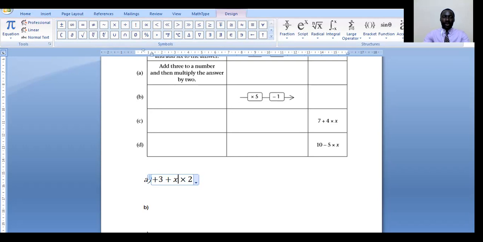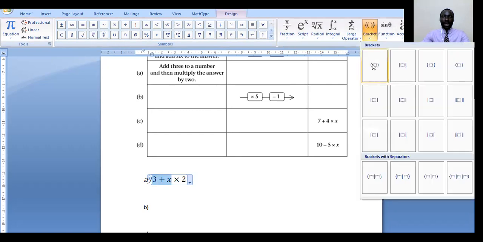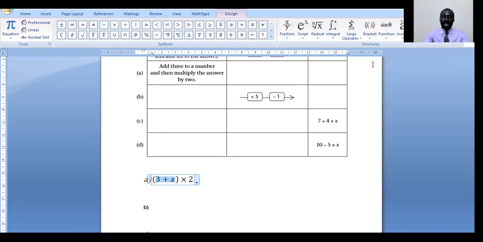The answer is going to be 3 plus that number. Then 3 plus that number must be multiplied by 2. We have to put it inside the bracket, because if we don't put it inside the bracket, it will change the whole meaning. In other words, if we multiply 2 by x, then we leave the other 3 separately, not having it inside the bracket, the mathematical meaning will change. And that's the reason we have to put it inside the bracket.